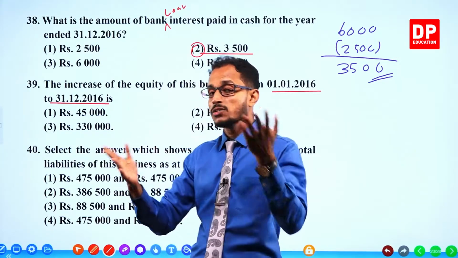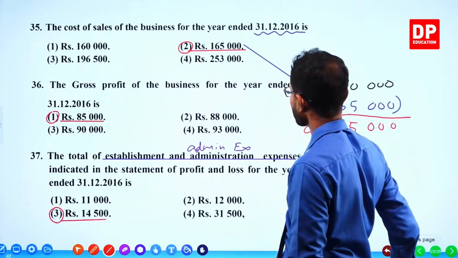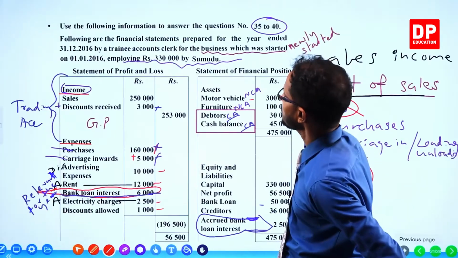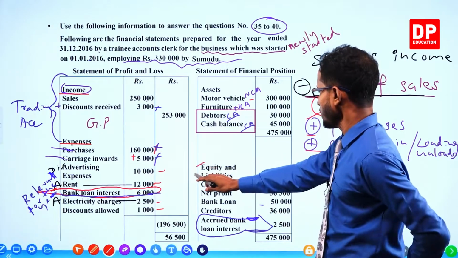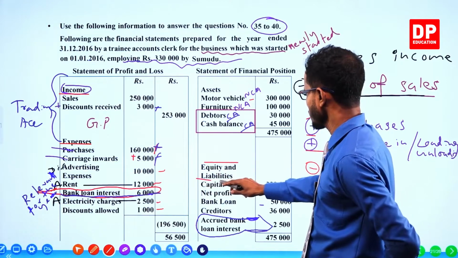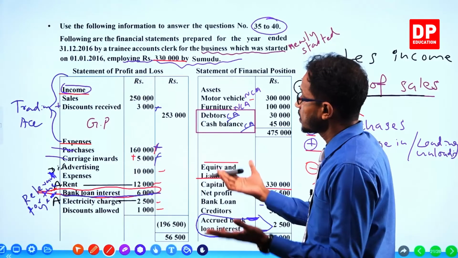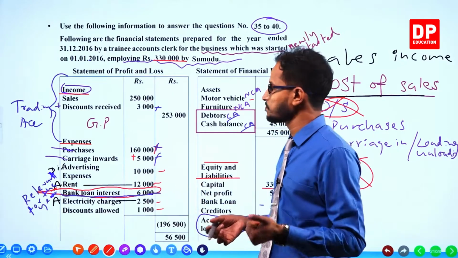Incomes or profits. So, in this business, how much is the opening equity? Opening equity is given here under equity and liabilities. Opening equity is 330,000. But there is a profit.